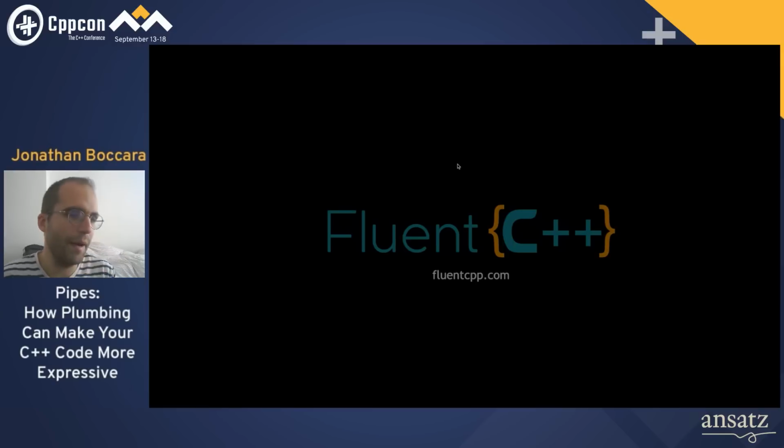Does it support parallel execution? Well, it depends on what sort of use case. I think one great use case that the library does not support now is with the fork pipe.